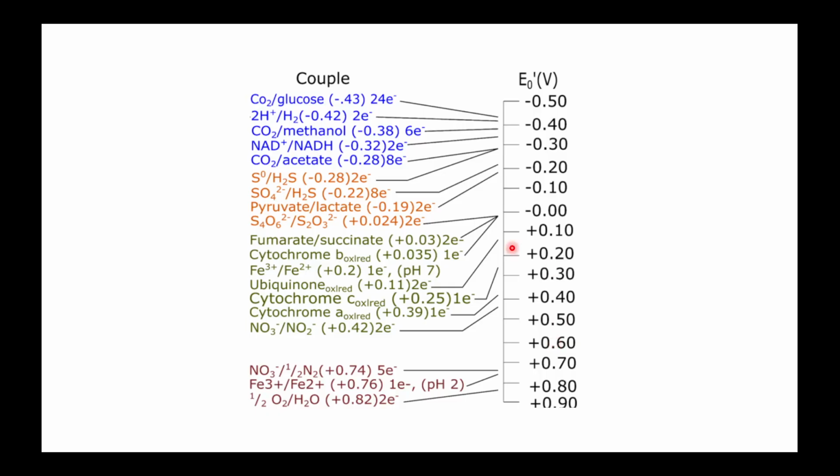For NAD plus NADH, the redox potential is negative 0.3, whereas the other options, ubiquinone, cytochrome C, and oxygen to H2O, have a positive redox potential. So the lowest redox potential is of NAD plus and NADH.